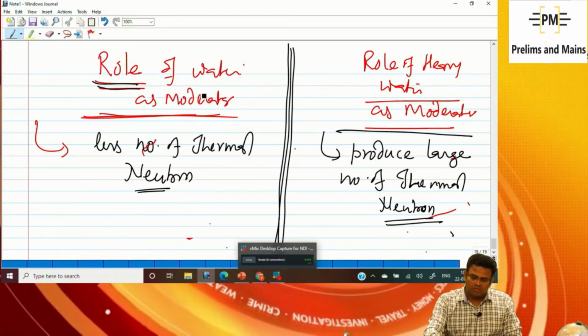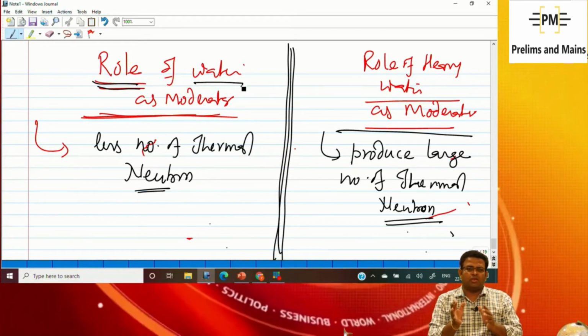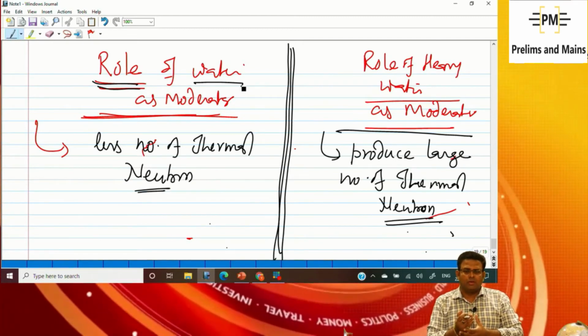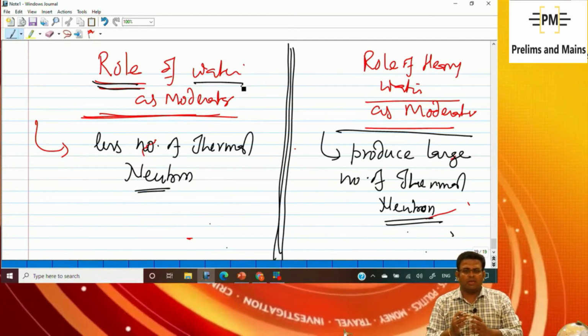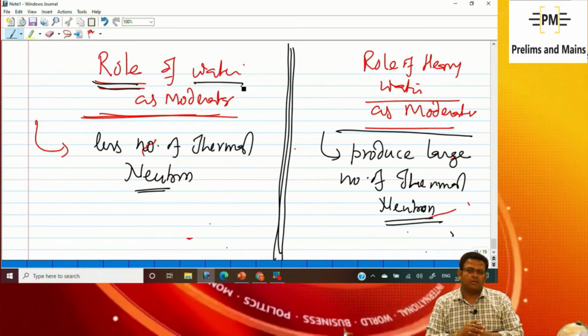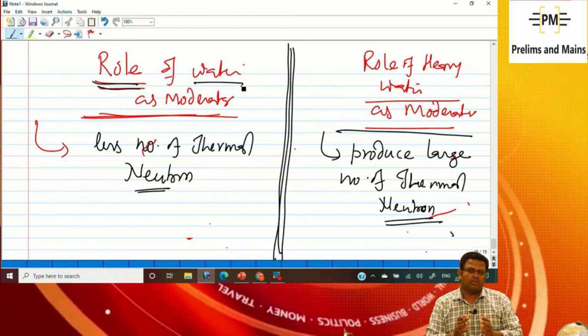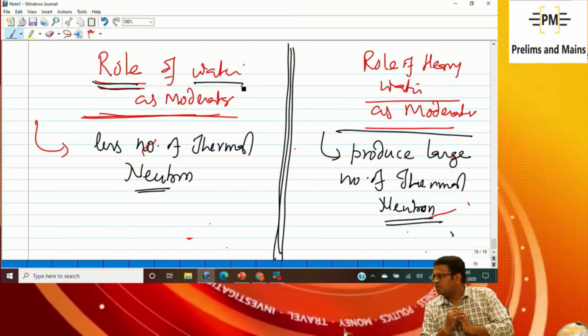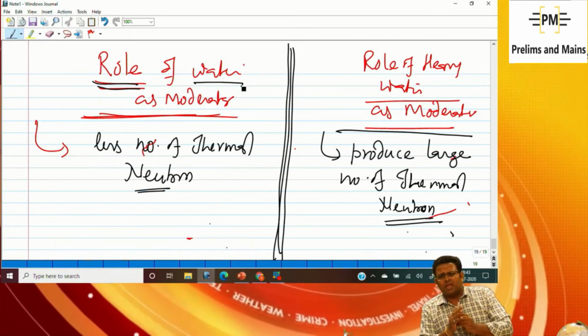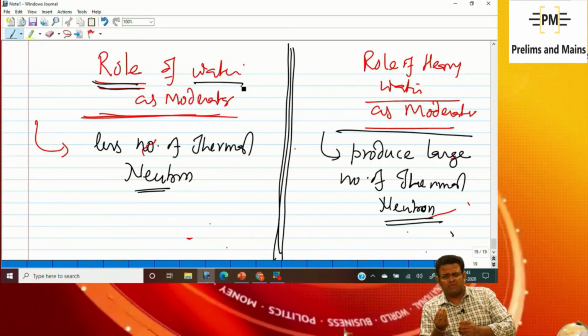Water will reduce the speed of neutrons, and few neutrons will convert into thermal neutrons, but heavy water will make several neutrons thermal, meaning the speed will be slow. Which one is better? Everyone answer, beta.